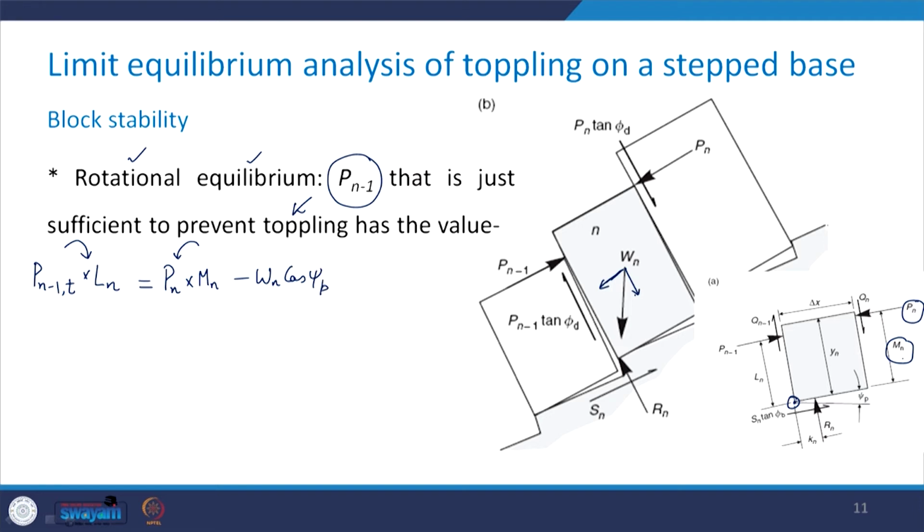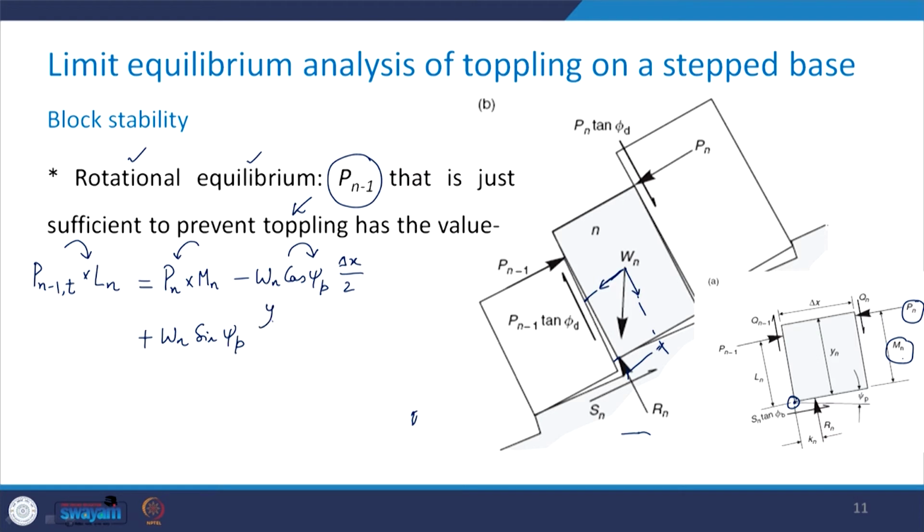So, the one component is going to give me Wn cos of psi p, and where is this acting? This distance is delta x, so this is going to be delta x upon 2, and this is going to cause the moment in the clockwise direction. Then you will have another component of W which is Wn sine of psi p, and this is acting at a height of yn upon 2.